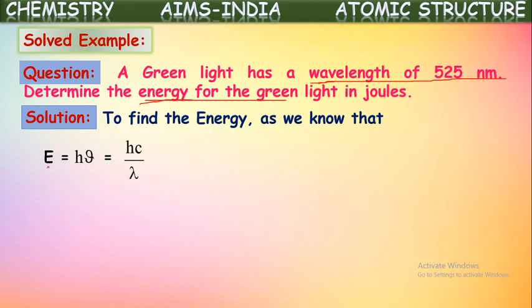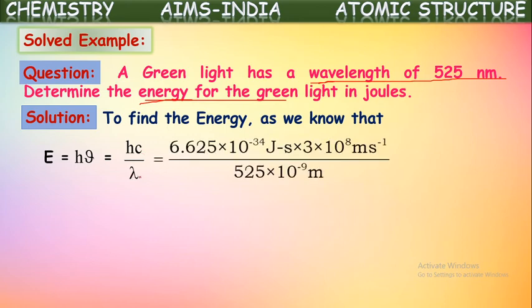So E is equal to hc by lambda, where E is energy, h is Planck's constant, c is the velocity of light, and lambda is the wavelength. If we substitute all the values, h is a constant with a fixed value of 6.625 into 10 to the power of minus 34 joule second, and c is the velocity of light, equal to 3 into 10 to the power of 8 meters per second, and lambda is the wavelength.